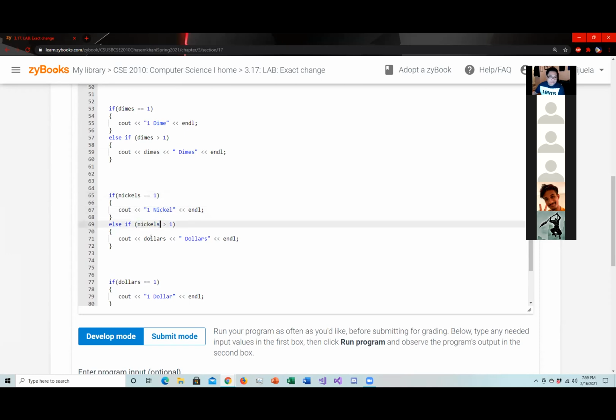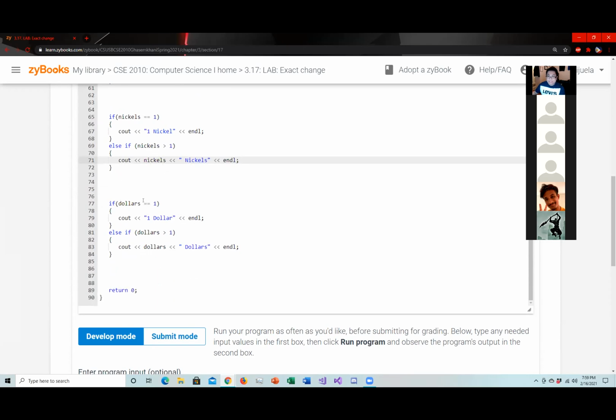Change this to nickels, nickels, nickels. Doesn't have to be capitalized. Last is pennies, right? So 1 penny. Change this to pennies, this to pennies, this to pennies, capitalized. And I think that's it.